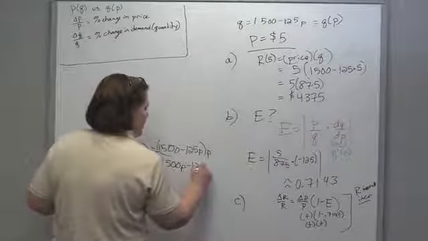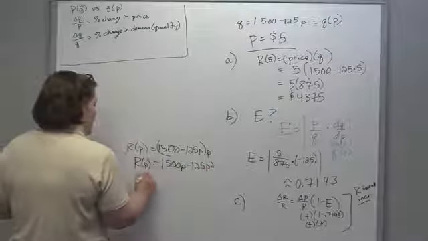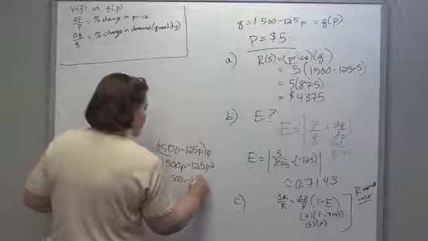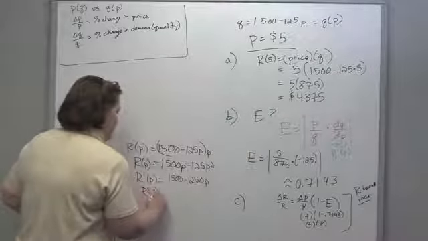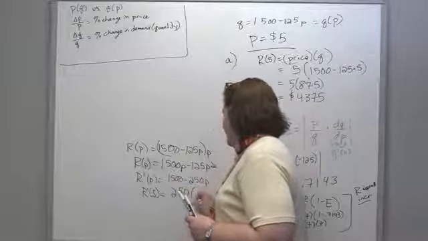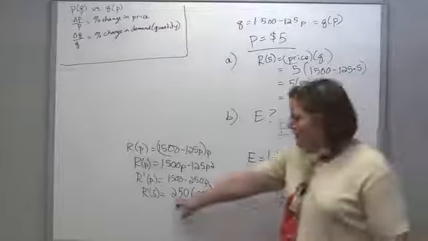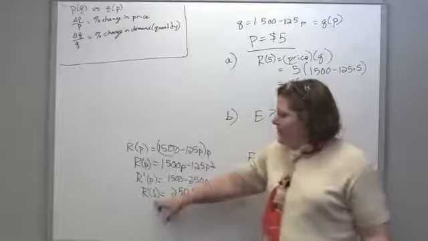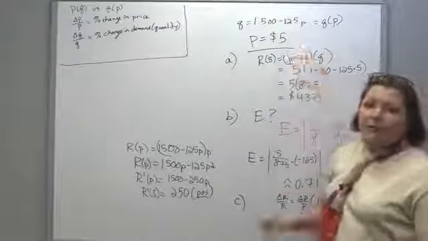Revenue is 1,500p minus 125p squared, so our derivative of revenue would be 1,500 minus 250p. At a price point of $5, we get $250. Again, the key is not the actual number, but the fact that it was positive. The derivative of revenue at the price point of $5 is positive, so revenue is increasing, and we should probably increase our price point.